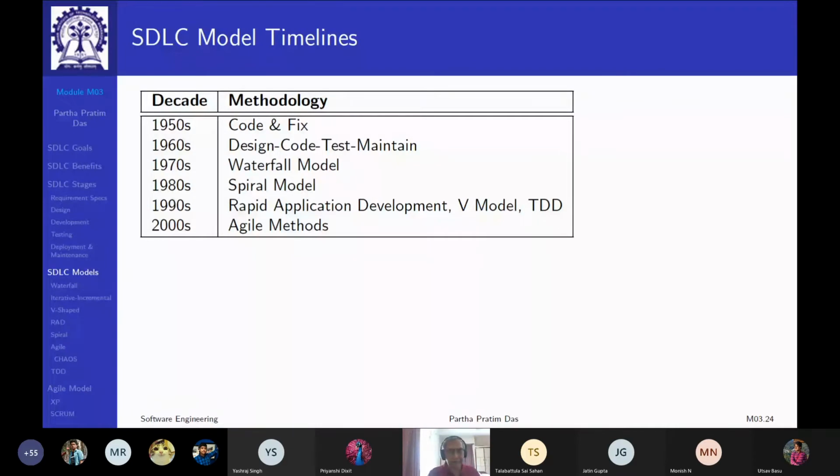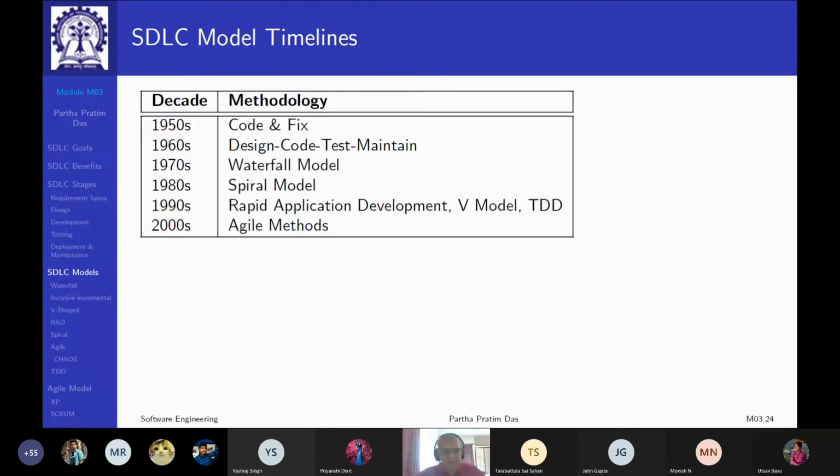Naturally, projects were also small. Understanding was limited. In the 60s came the design, code, test, maintain idea: it's not enough to code, you must have a design before that. It's not good to fix whenever you have a problem. There should be an organized way to test and maintain. The 70s saw the first formal SDLC model, the waterfall model, which is still in use, possibly the most widely used.